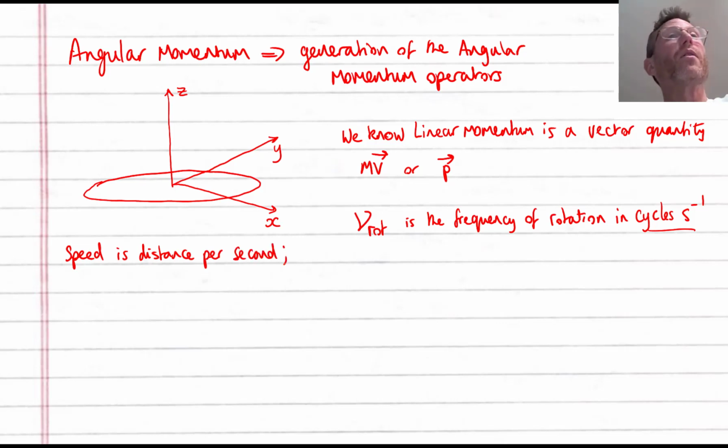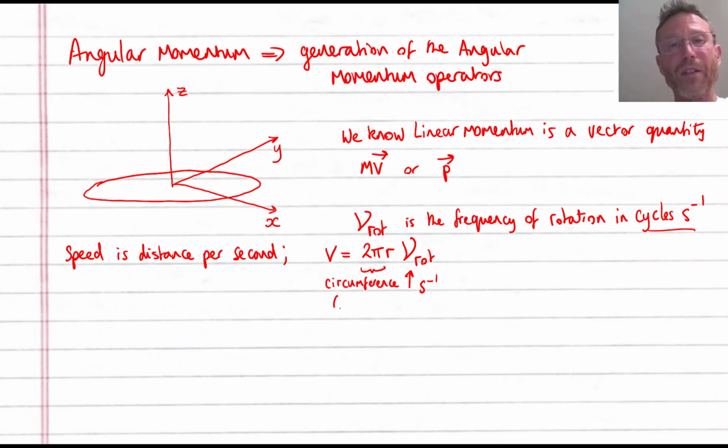The distance we're talking about here is the circumference of the circle that the body is moving around in that circular motion. So that circumference is 2 pi r. And then we've got this frequency in here. So the frequency gives us the per second piece, and the circumference gives us the distance, right?